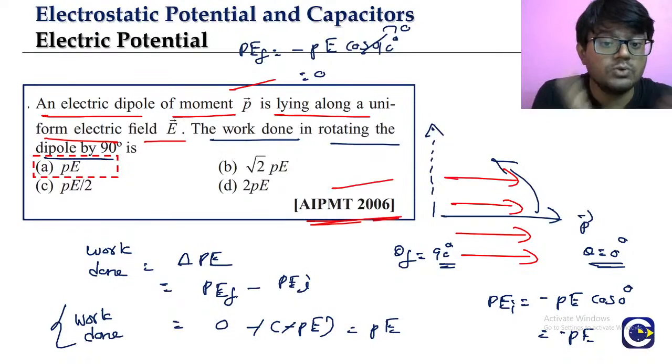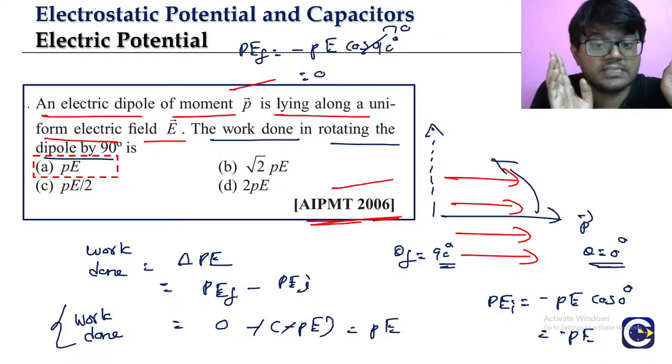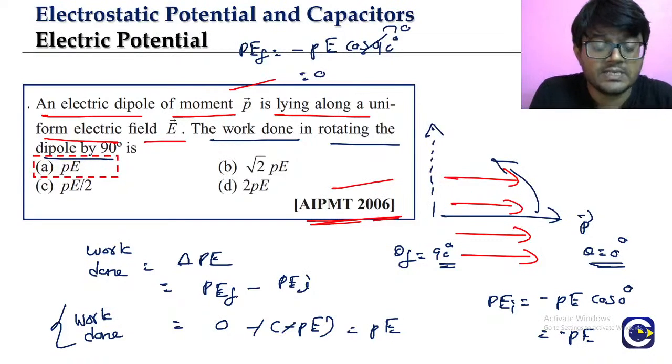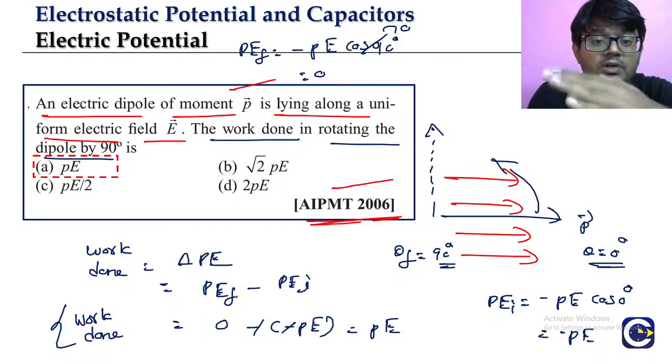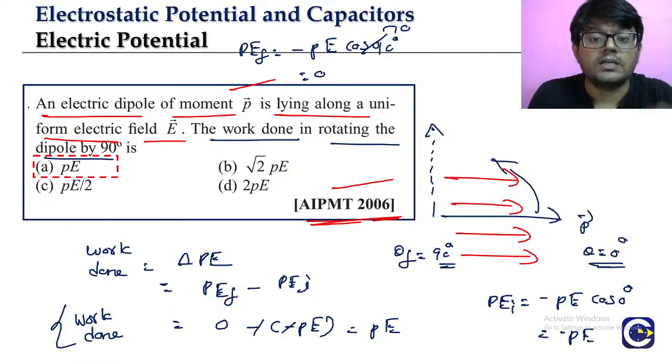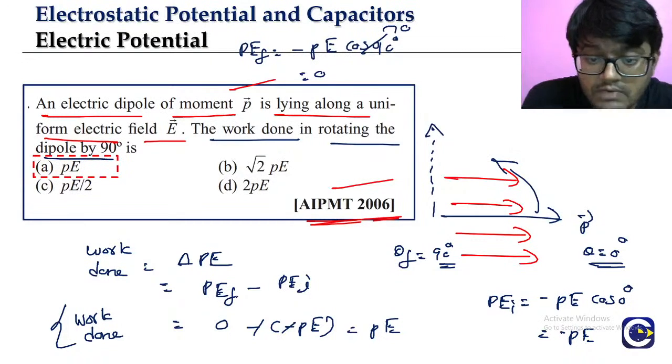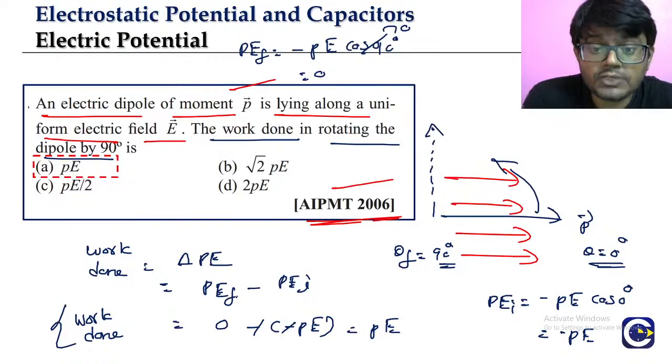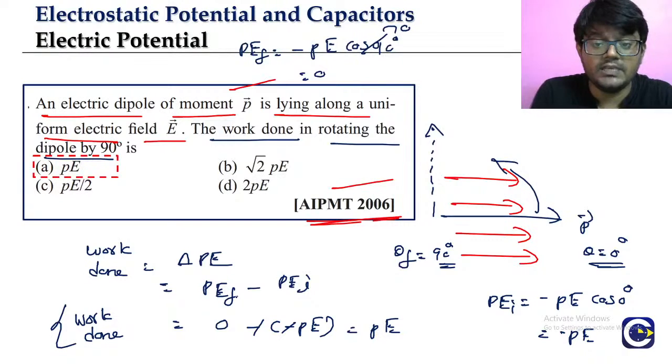Because they usually don't mention the kinetic energy concept, the assumption there is that the dipole is rotated very, very slowly so that it is not gaining any kinetic energy. So we will use work done is equal to just the change in potential energy. Okay? So we need to be ready for these kinds of questions on the dipole, especially with regard to work done.